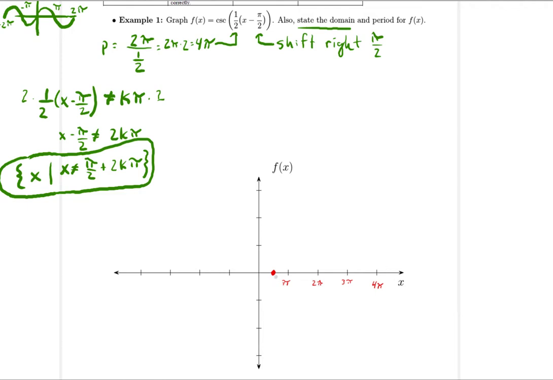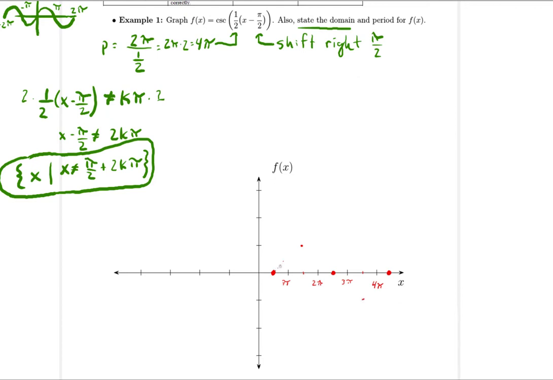And if I take pi over 2 plus 4 pi, that's going to be plus pi, plus 2 pi, plus 3 pi, plus 4 pi. Okay, and right now I'm graphing sine, right? This isn't my actual graph. And then halfway between it, I have another 0. And then, I'd be up at my maximum and down at my minimum here.